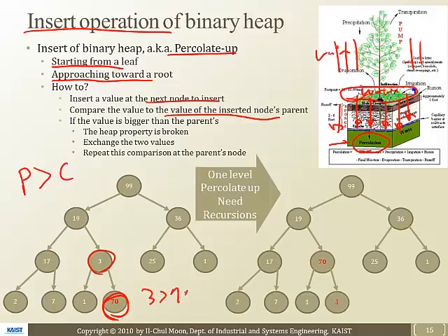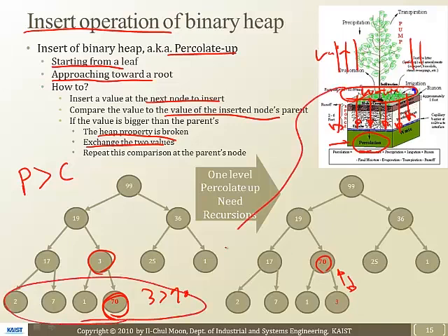3 and 70. The heap property is broken here. Then what we are going to do is exchange the two values, like this. 70 goes up and 3 goes down. You can see that we put 70 here like this rain, and it percolated up.